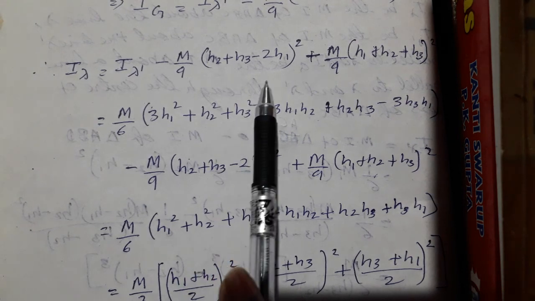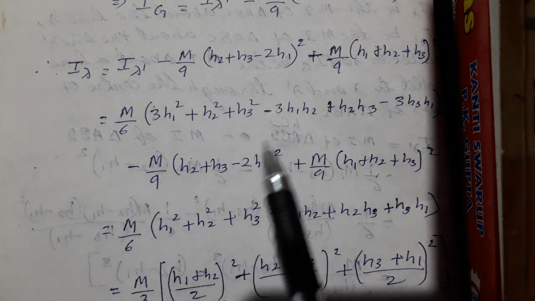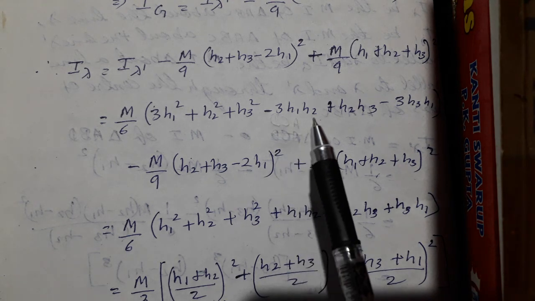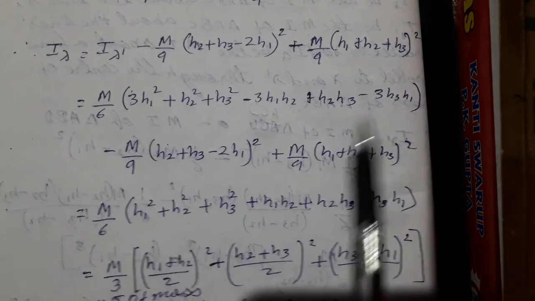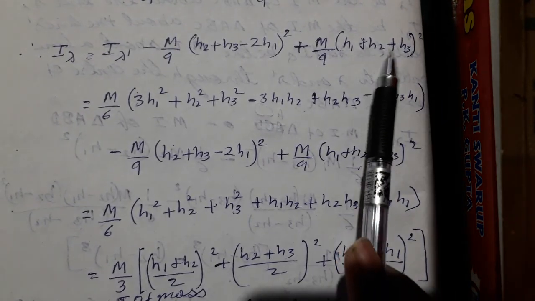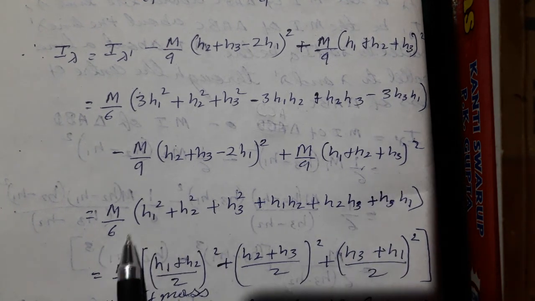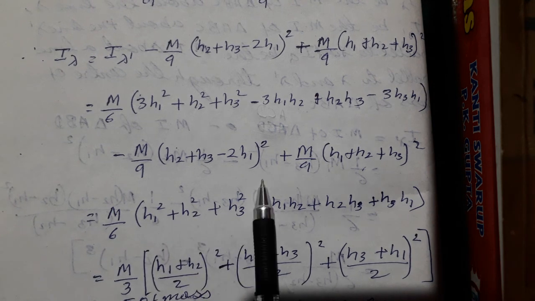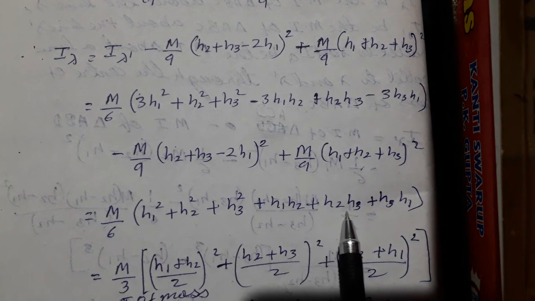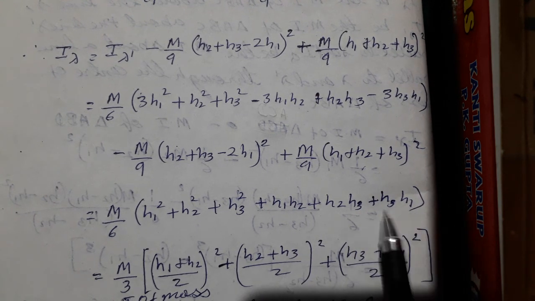So you use the formula x plus y plus z whole squared, that is x square plus y square plus z square plus 2xy plus 2yz plus 2zx, and split this. After simplification, you get h1 square plus h2 square plus h3 square plus h1h2 plus h2h3 plus h3h1. For the first question you can stop here.